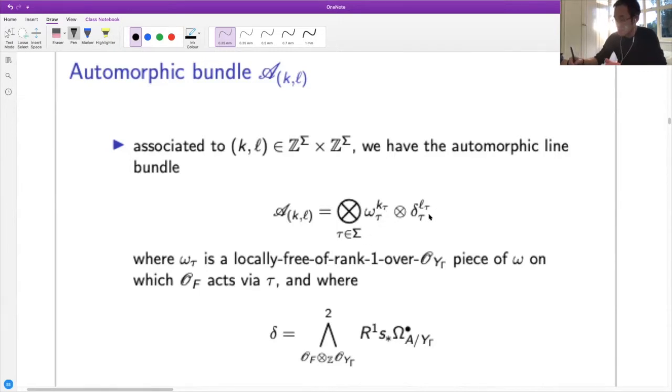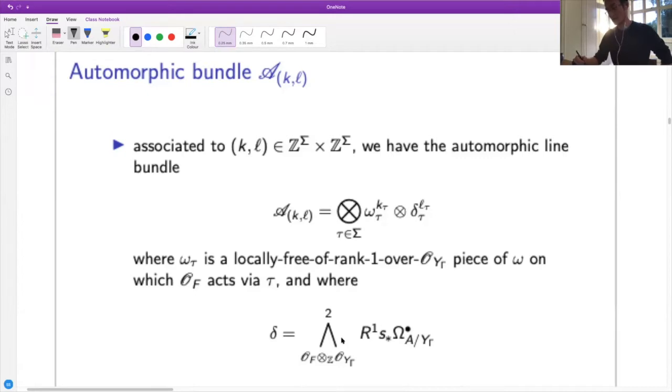So I'm going to tensor up all the invertible sheaves here, where omega_tau is a graded piece of rank 1, and I'm going to raise it to the power k_tau. Delta_tau is defined similarly, but instead of starting with little omega, the pushforward of relative differentials, I'm going to consider the relative de Rham cohomology sheaf, which is O_F tensor O_S of Y_gamma, of rank 2.